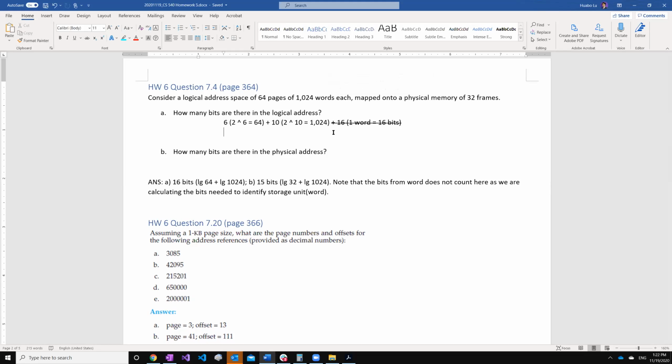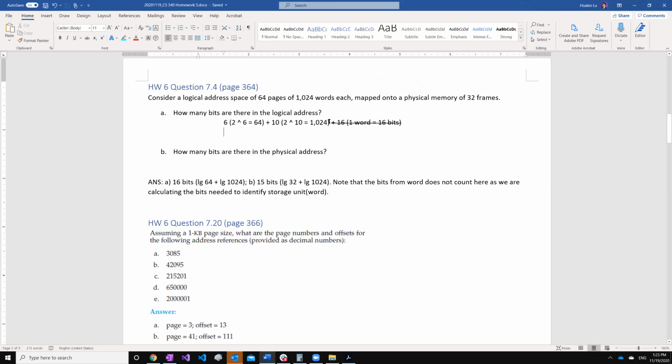If you need fine control of each bit, the space will be too large. All I need to know is how to identify the address for the storage unit. I don't need to look into the bits inside the storage unit.